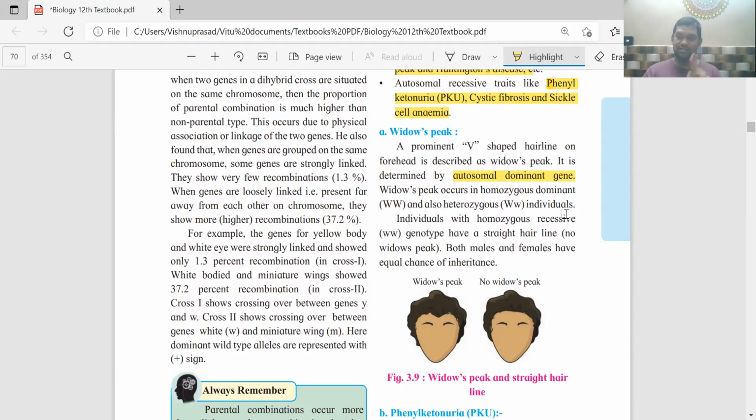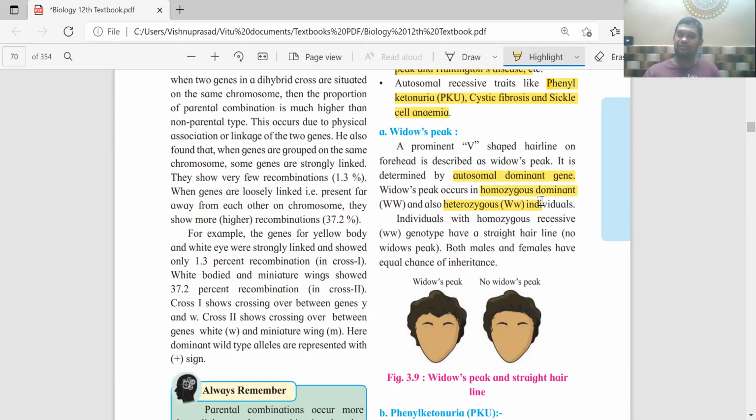Once it is dominant, according to Mendel's principles, it will be expressed if the condition is either homozygous dominant or heterozygous, because in heterozygous the dominant will be expressed.